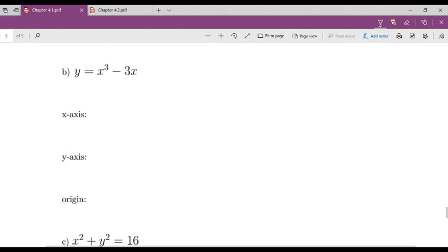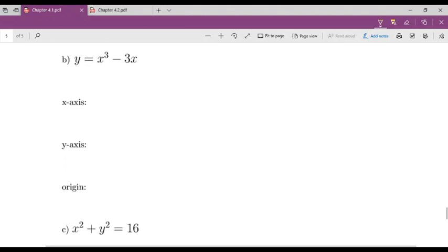So here we have y equals x to the third minus 3x. So remember for the x-axis, we're going to replace y with negative y. So what I get here is negative y equals x to the third minus 3x.